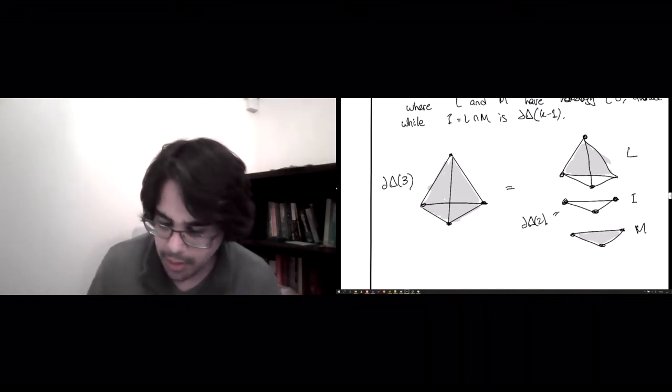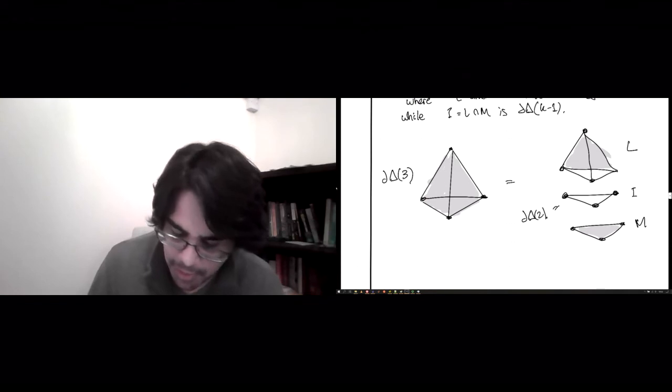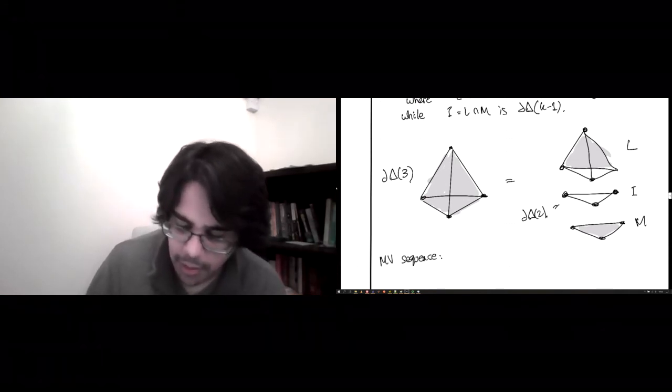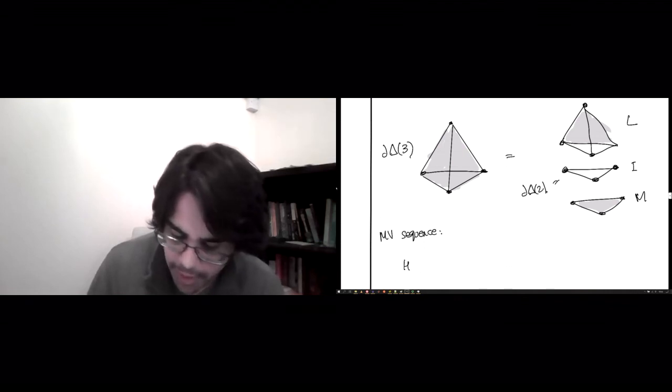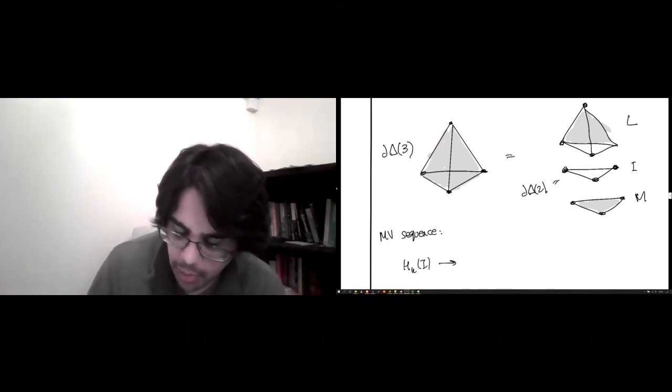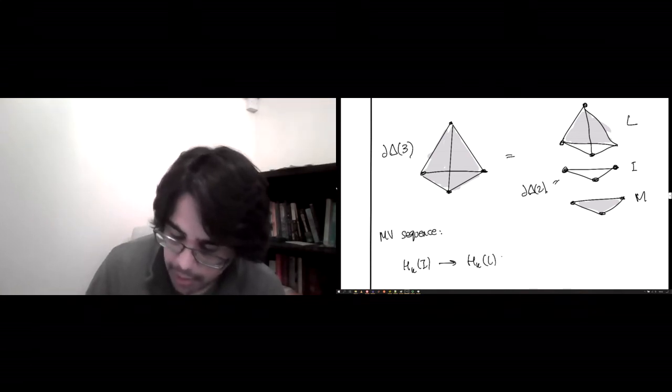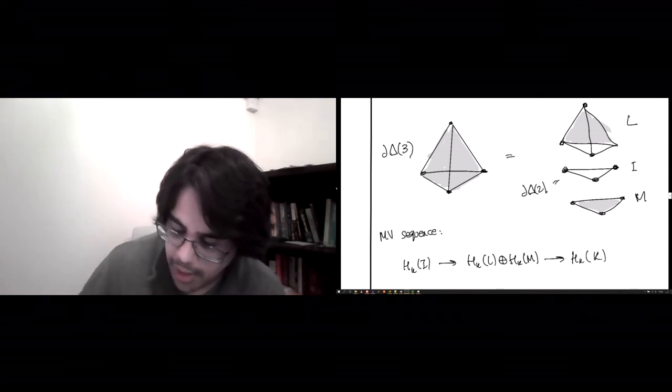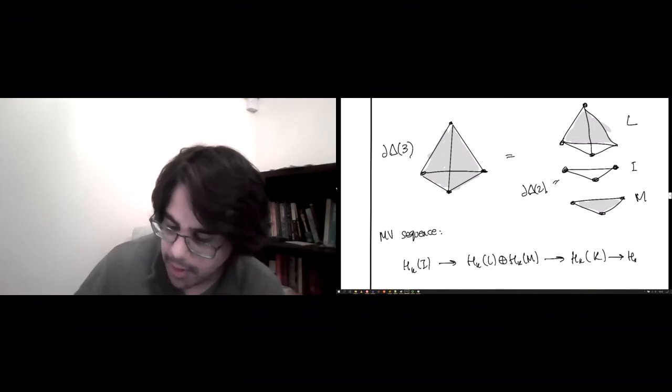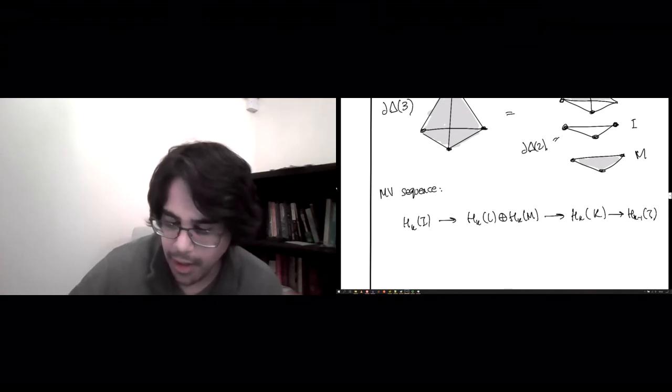And so what happens is the Mayer-Vietoris sequence looks something like this. If you remember, you have h_k of I going into h_k of L direct sum h_k of M, which then goes into h_k of K, and then it goes into h_{k-1} of I.